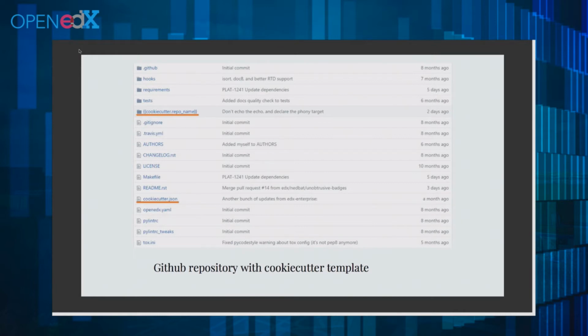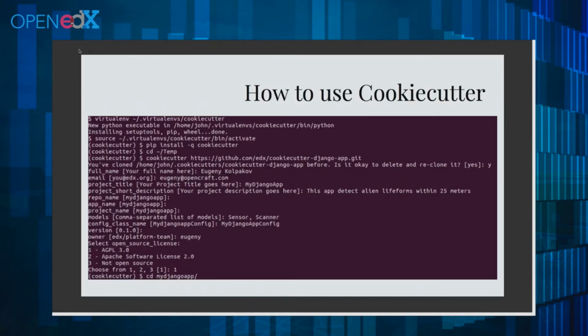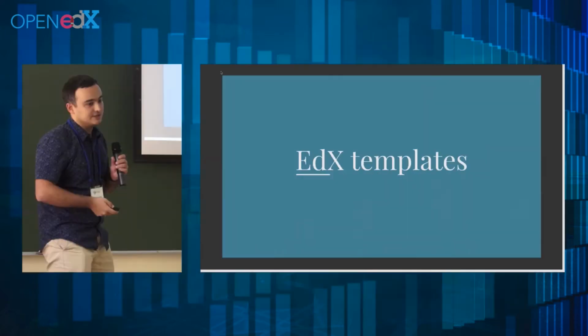Cookiecutter will ask you. This is how a typical cookiecutter session looks. The important part is you install it and run cookiecutter on either a local file system or a GitHub repository. It asks you a list of questions, and it scaffolds your project.